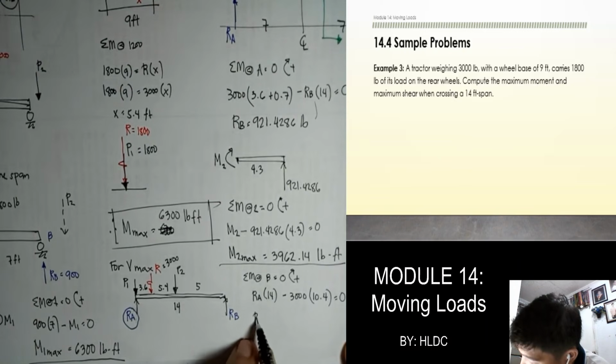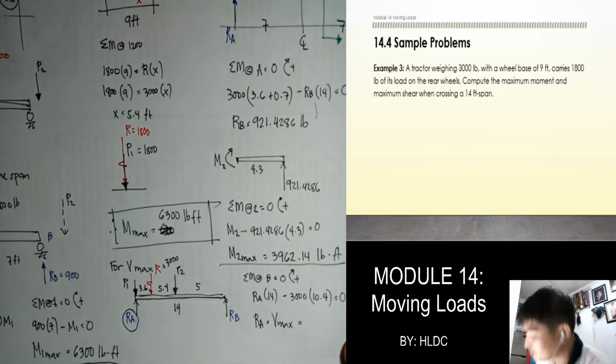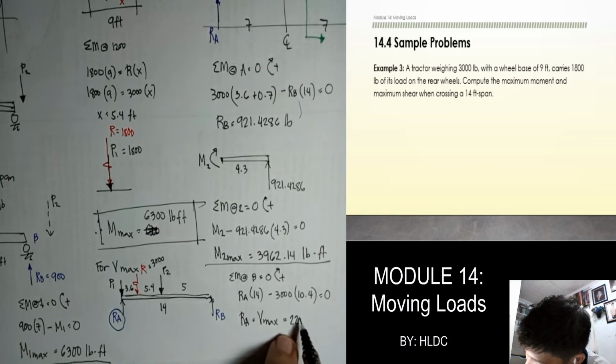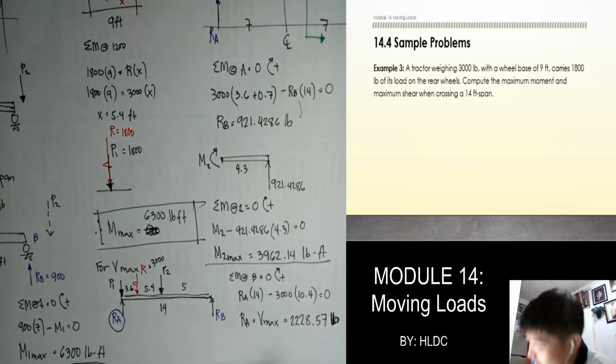So ilan ngayon yung RA, which corresponds dun sa ating maximum shear? So 3,000 times 10.4 divided by 14. So sagot is 2228.57, and then the unit is pounds.